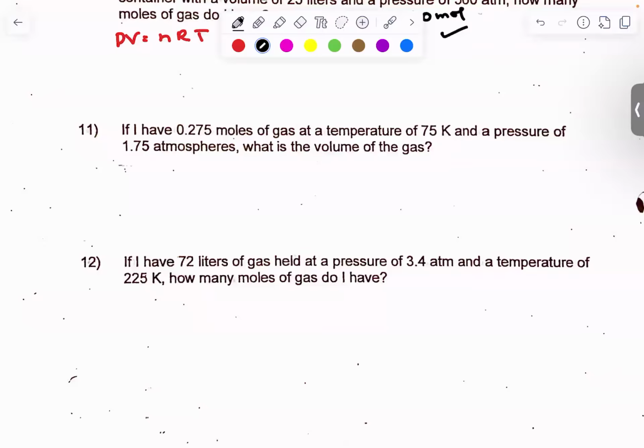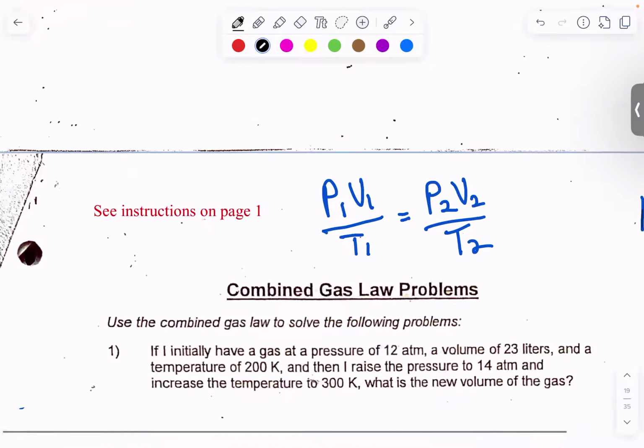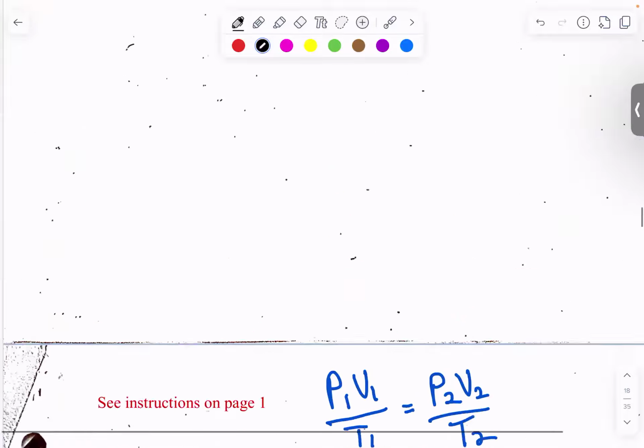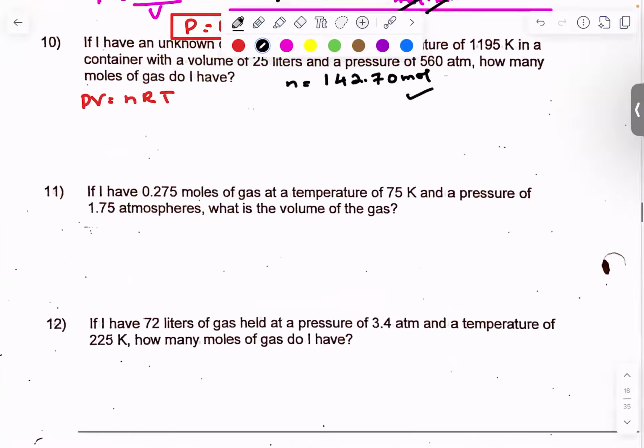Good. Okay. If I have 72 liters of gas held at a pressure of 3.4 atm and a temperature of 225 K, how many moles of gas do I have? So PV equals nRT, PV over RT equals n.